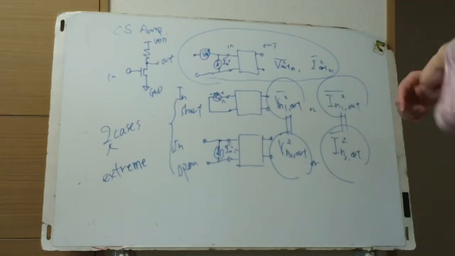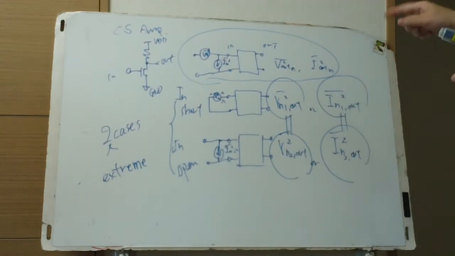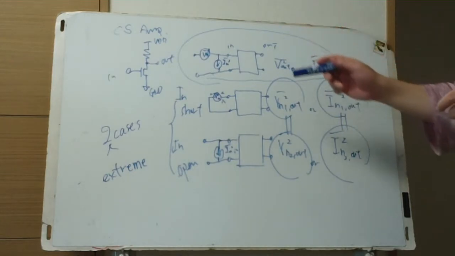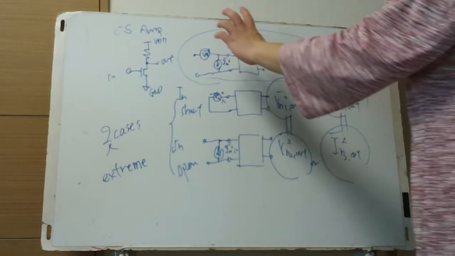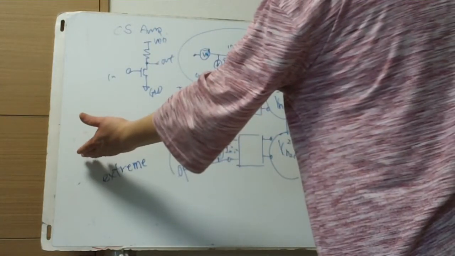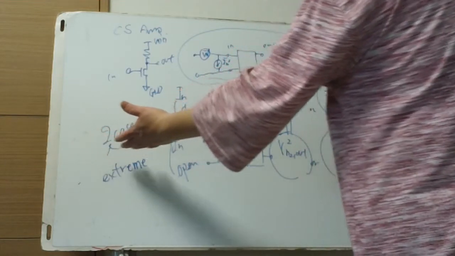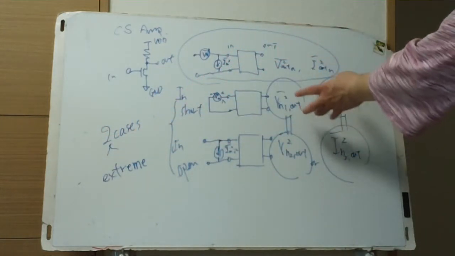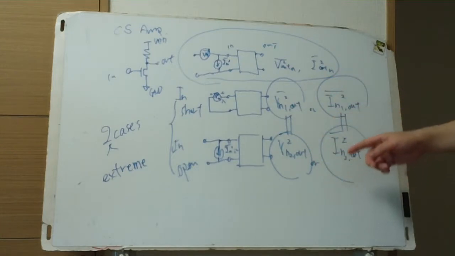A little bit tedious transformation of the formula is needed, but not so difficult. In a sense, it is easily supported by general cases. We can use two extreme case models for getting output noise voltage or current power.